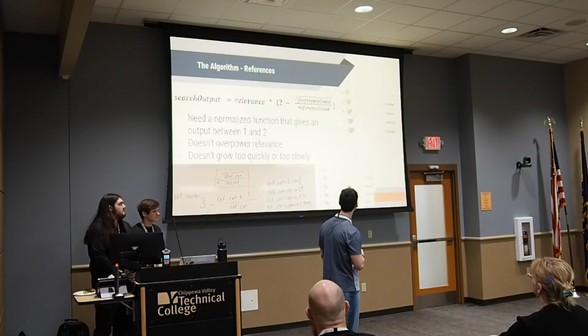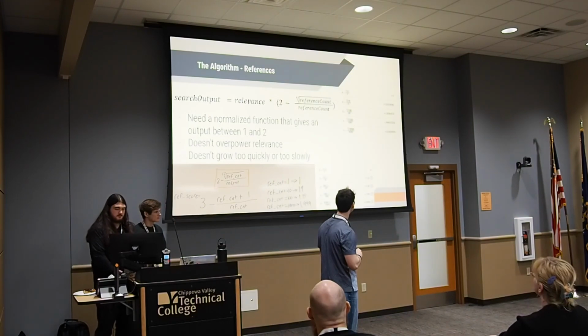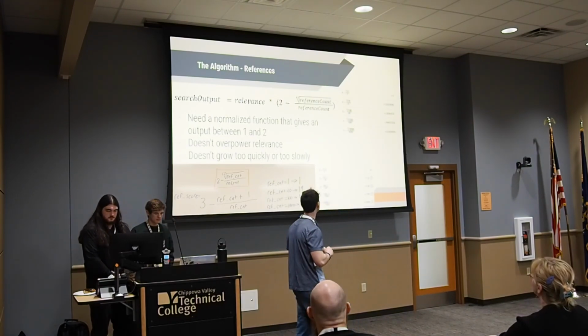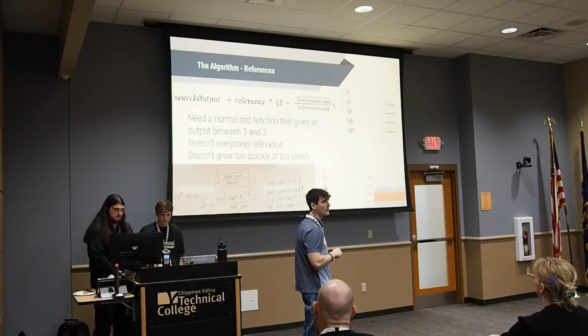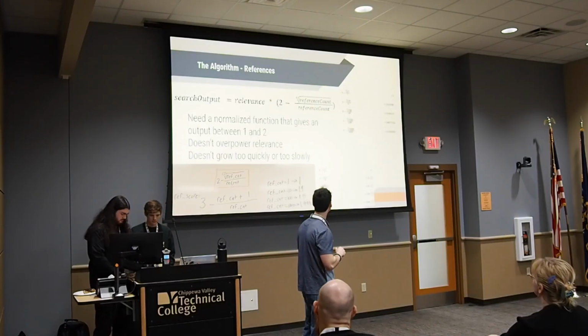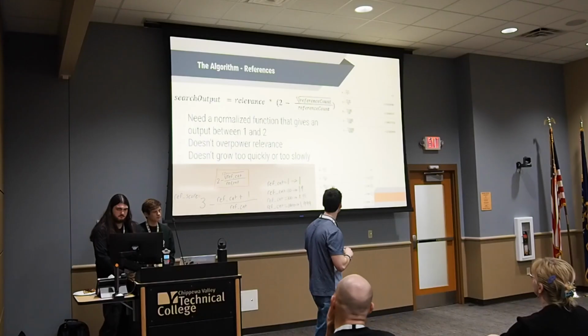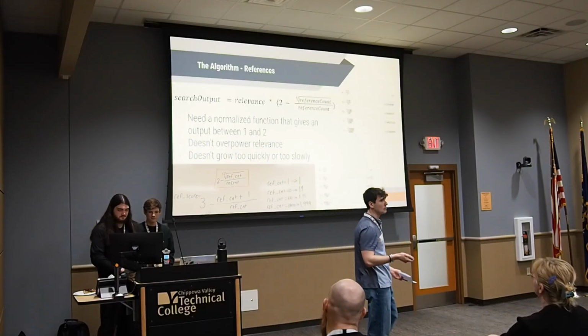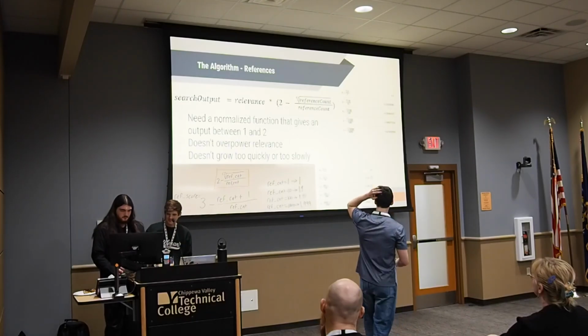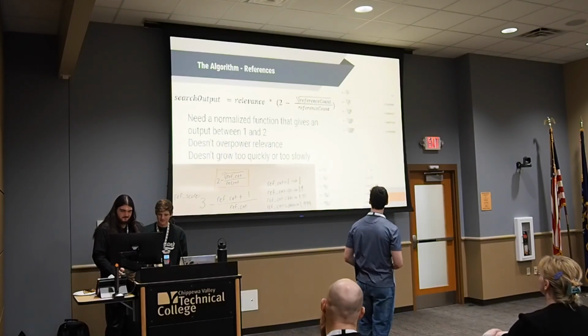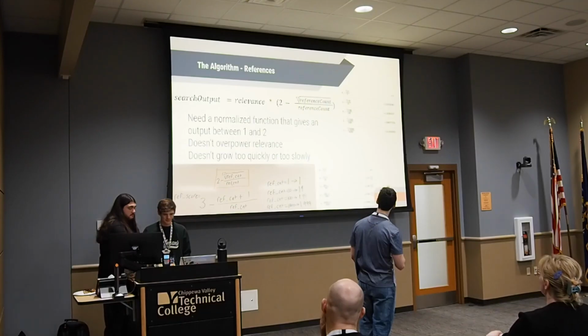We're making the numerator less than the denominator, and then we're subtracting it from 2. So this number right here will always be between 1 and 0, and then when we subtract it from 2, it'll be between 1 and 2. That's kind of how this one normalizes.